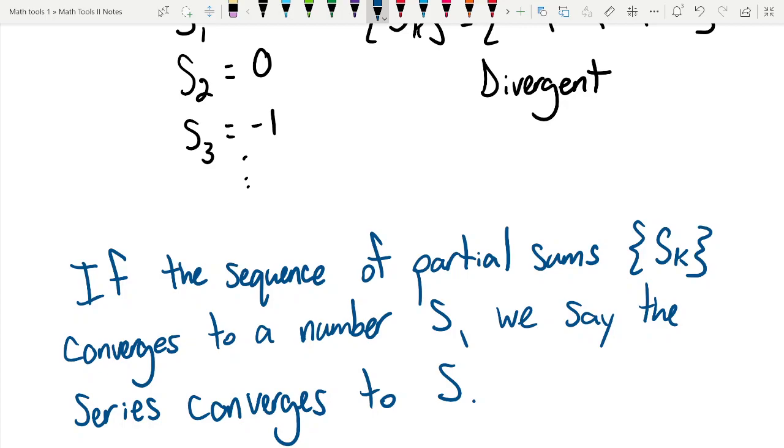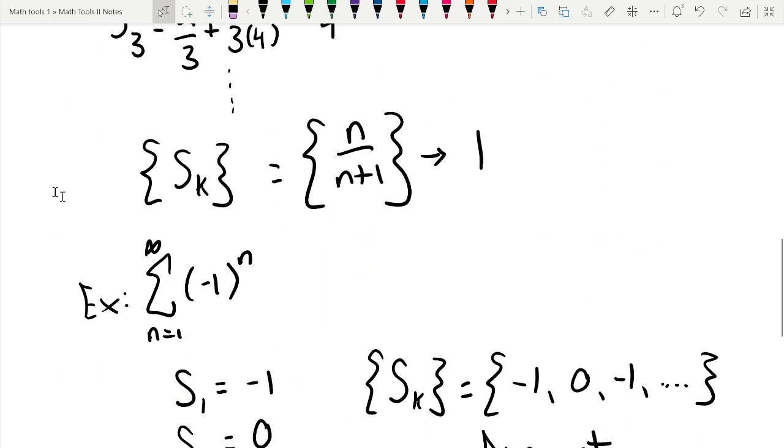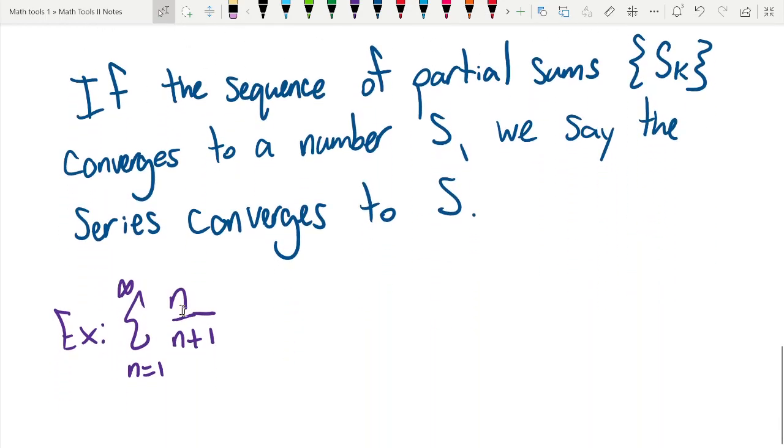So let's look at a couple of other examples here. So let's look at the series where we add the sequence of n over n plus 1. Okay, so we just saw this one as it came out as the sequence of partial sums, but now we're looking at the series of that sequence in particular.